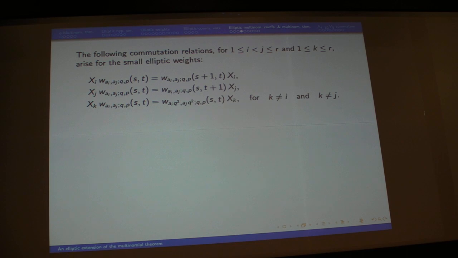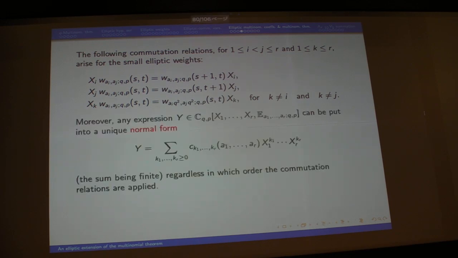And okay, here's just to see that these act nicely on the simple weights. xi shifts the first index by 1. Application of the action of xj is that the second index t is shifted by 1, and xk, if k is different from i and j, it shifts actually the dynamical parameter by 1, which means here that ai and aj is shifted by q squared each.